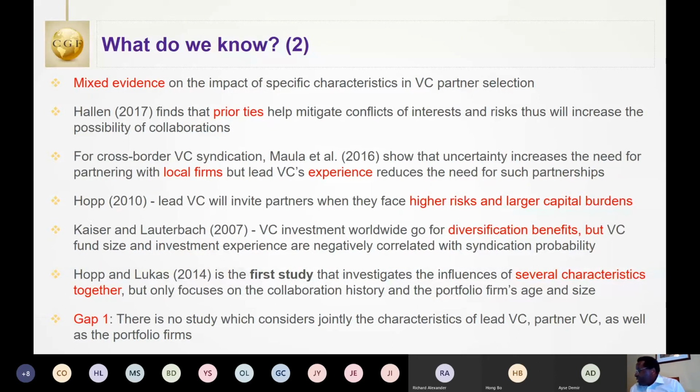They also capture the portfolio firm's age and the portfolio firm's size. So as you can see, the first gap is that none of the existing studies so far has been comprehensive in bringing together all these important factors captured in the literature and investigating them together, to identify which ones do matter and which ones possibly are secondary.